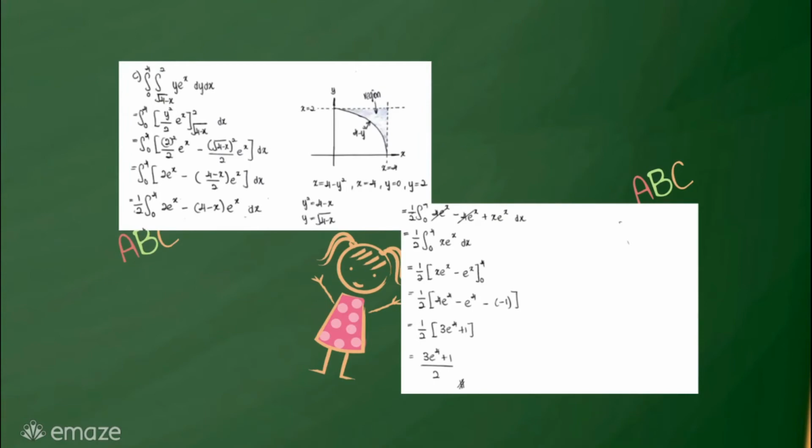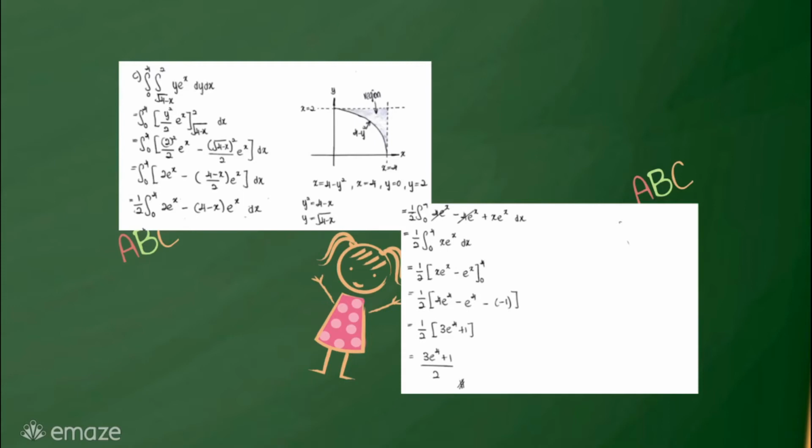First thing first, we need to draw the graph to see the region. And for type 1, we need to look from bottom to top, and then from left to right. First thing first, we need to calculate the value of y, which is y squared equal to 4 minus x.